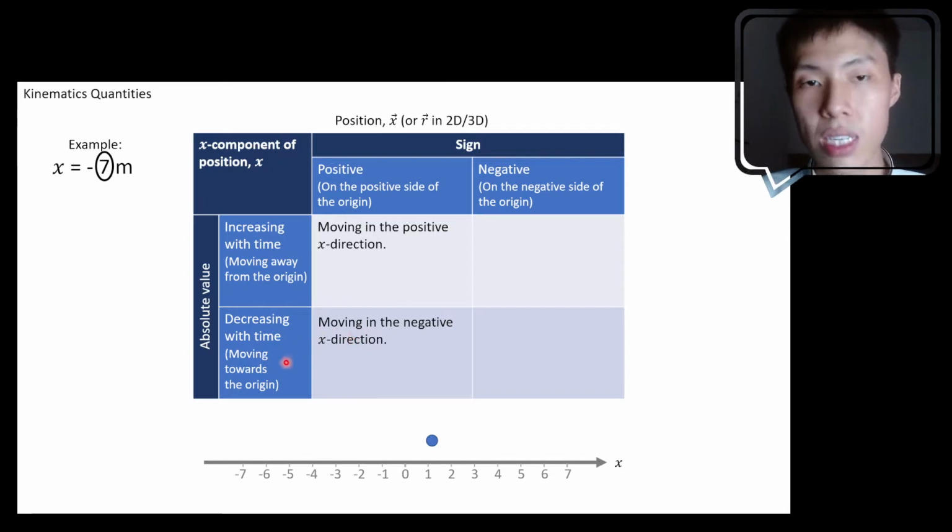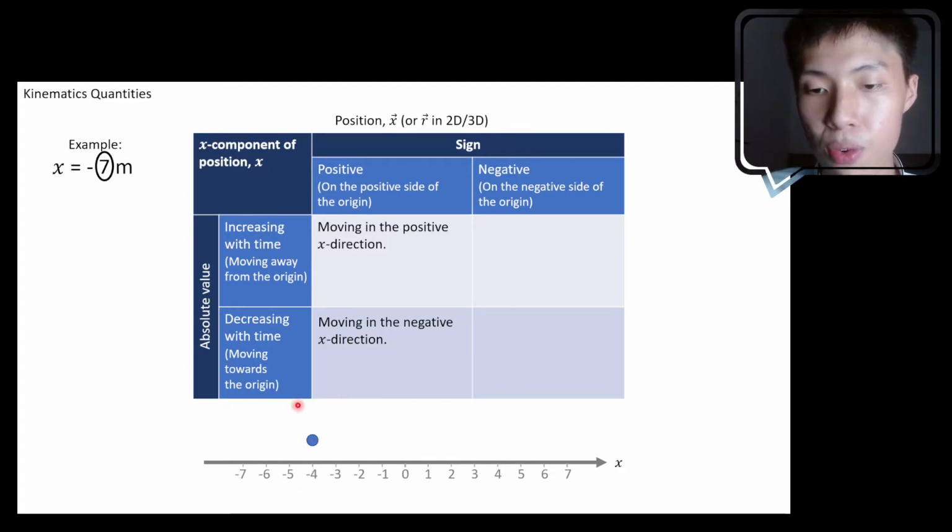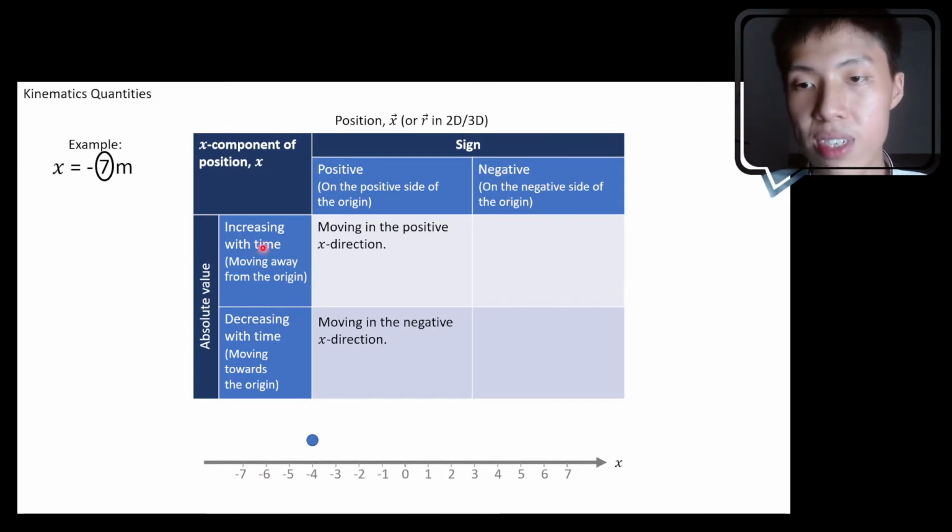Okay? Next part. If it's negative and it's increasing with time. Negative means it's on the negative side of the origin. So all this region here is negative. If your object is at any point over here, you should get negative. But if the absolute value is increasing with time, you should expect 4, 5, 6, something like that, right?